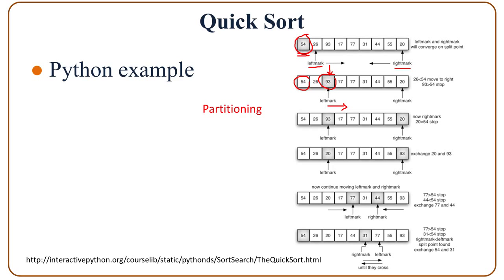Similarly, we move the right mark to the left as long as the right mark hasn't crossed the left mark, and the value of the element at the right mark is still greater than the pivot, which is 54.